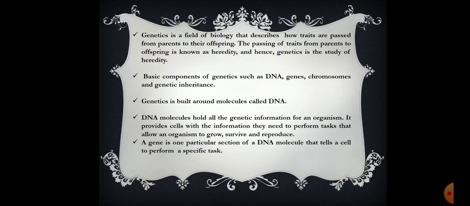DNA molecules hold all the genetic information of an organism. It provides the cells with the information they need to perform a particular task. Because of that, an organism can grow, survive and reproduce.